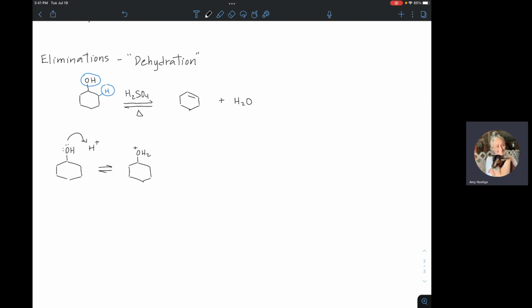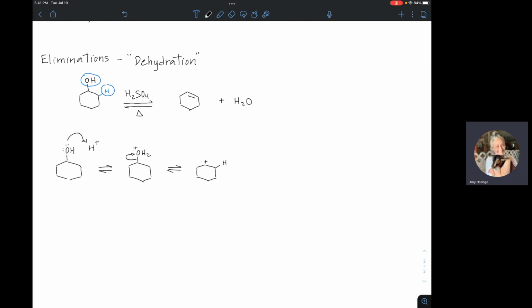And then this is going to take off. So water is going to depart or leave, right? And you're going to form that secondary carbocation. And again, the rate at which this occurs depends on the stability of the carbocation. So you have your carbocation, and then I'm going to draw this little hydrogen in here.